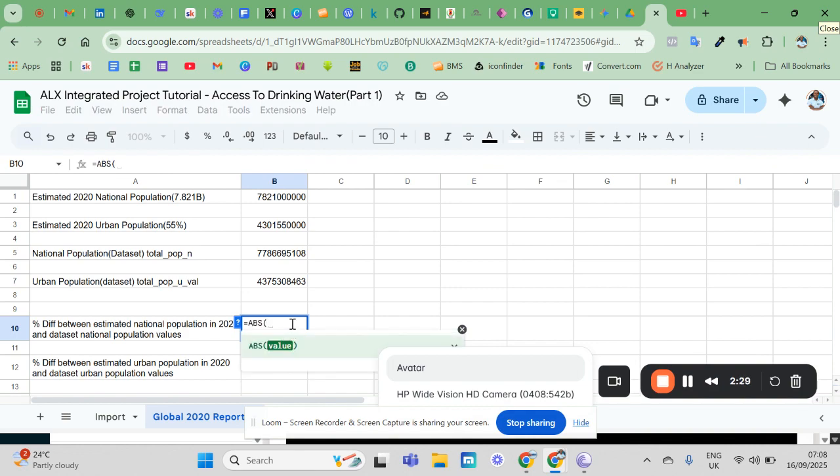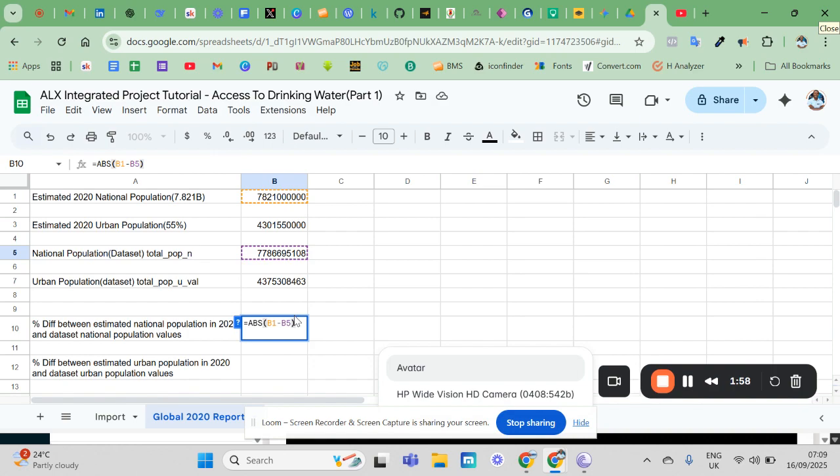Now we choose our second value, the national population estimate in 2020. So I'll pick this one minus this one. Then I close the bracket, which means that I have the upper side of the formula done.